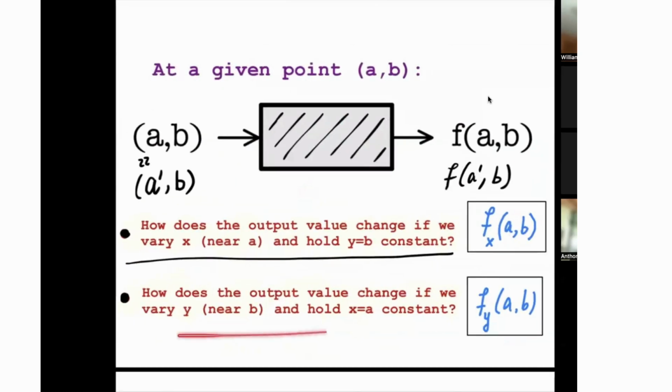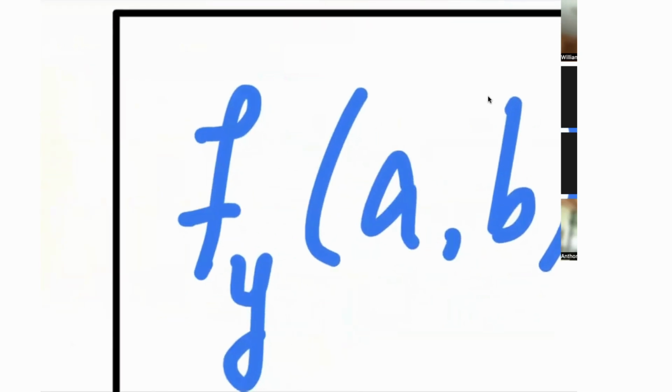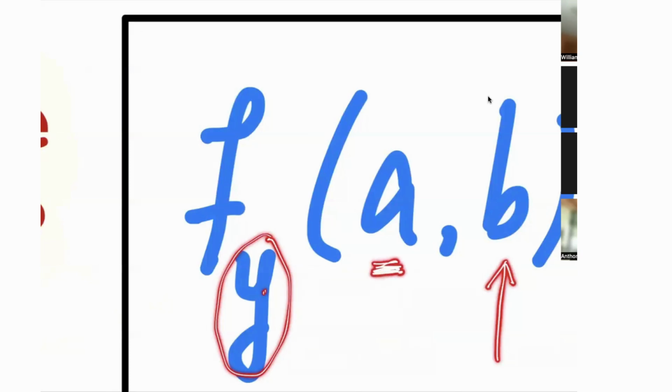And by contrast, we can also change the y coordinate. This is the partial derivative with respect to y. And this y here, all it's saying is that we're going to change the second coordinate, the y coordinate. But in this case, we would hold A fixed. Okay, and we're seeing how the function changes as you change just one of the coordinates.